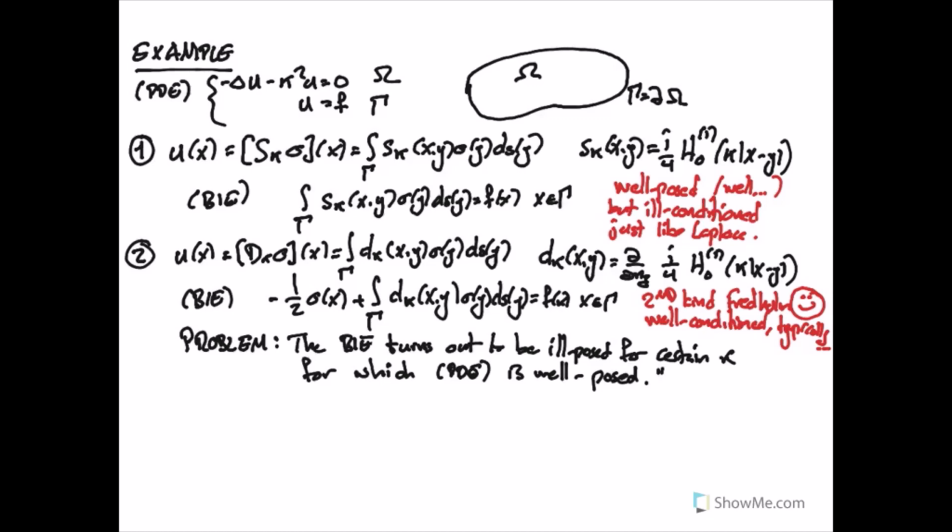So this is what's known as an artificial resonance, or spurious resonance.